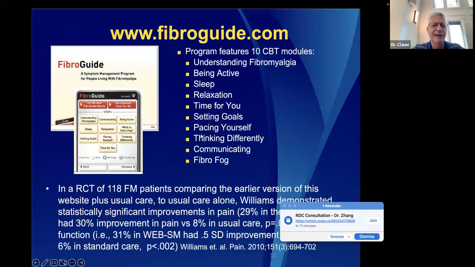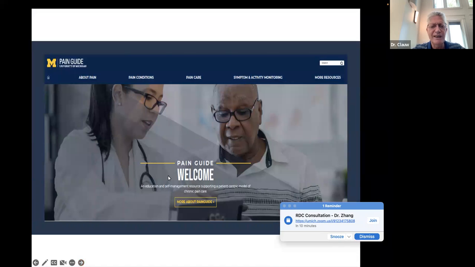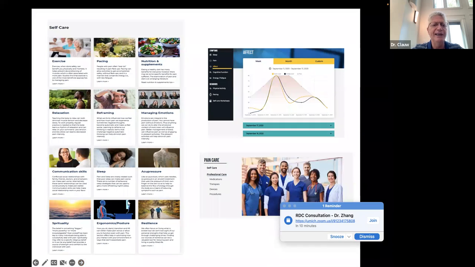And we spend a lot of time in our group developing websites and apps, and we have a really cool website now that I'd recommend you use with your patients or clients called Pain Guide. It's free. This is being used in a lot of ongoing NIH studies. If you can send people to different parts of Pain Guide, it gives them guidance about how they can themselves use some of these integrative therapies.